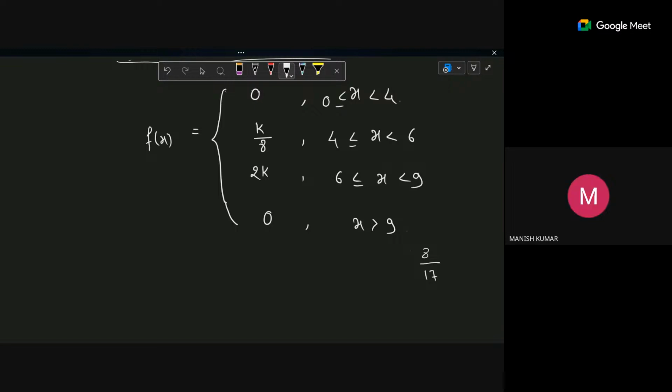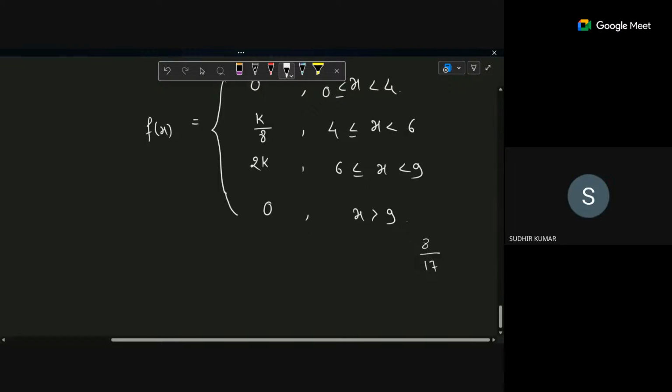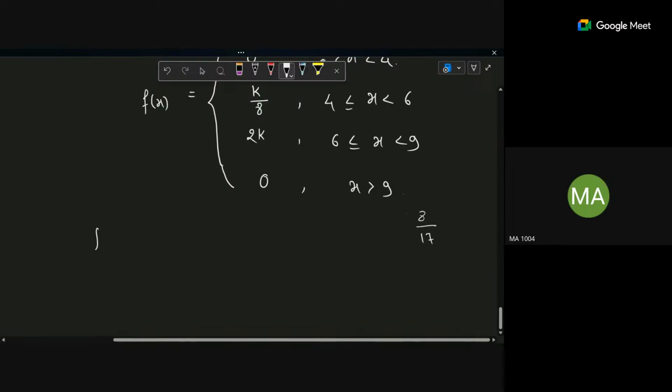Sorry, ma'am, I think it's 4 by 25. Okay, sure, let's calculate it. Yes, ma'am, 4 by 25.